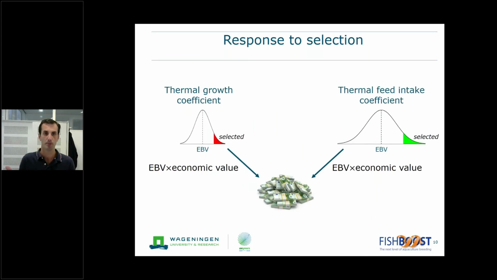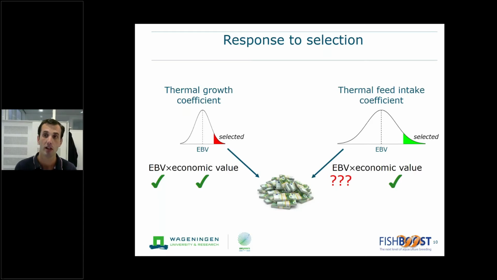So the next step would be to estimate breeding values and combine those with economic values to predict the economic response to selection. Well, now we know how to derive economic values of traits for both thermal growth coefficient and thermal feed intake coefficient. I presume that you all know how to estimate breeding values for thermal growth coefficient. So the big unknown is what are estimated breeding values for thermal feed intake coefficient.